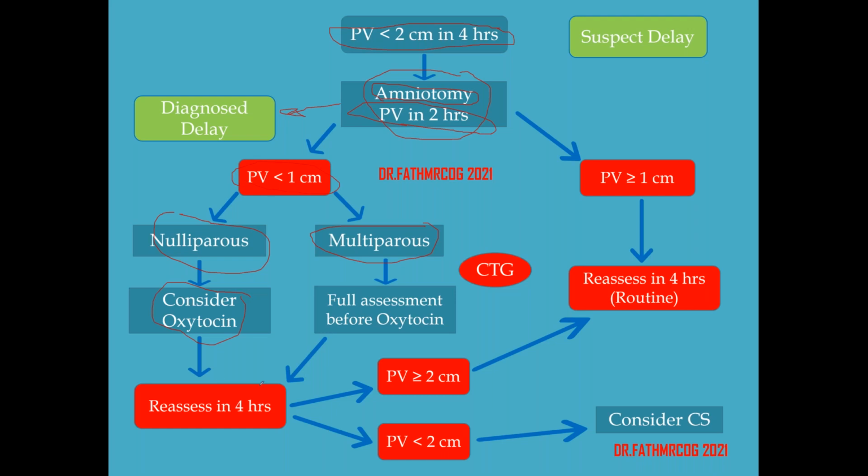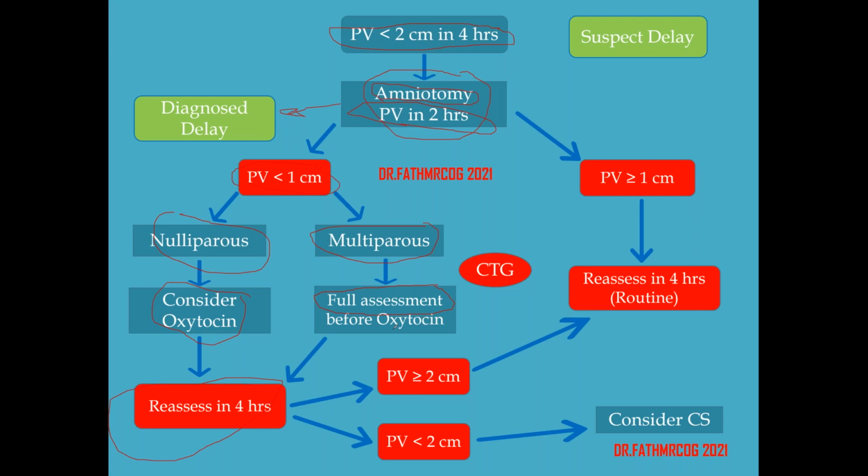And then you can reassess after 4 hours, because the patient is already on oxytocin. In case of multiparous, first you should do a full assessment to exclude obstructed labor or any abnormalities. After that, you decide whether to give her oxytocin or not, and you need to do assessment after 4 hours.